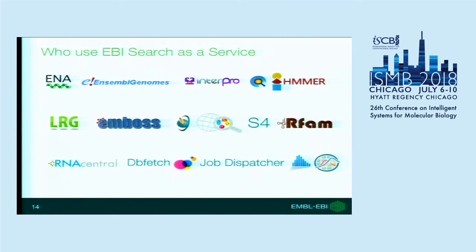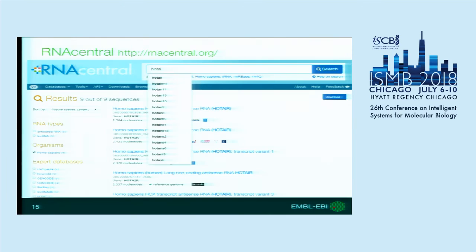And these projects are using the EBI Search as a service capability. I'm going to show some examples here. This is the RNAcentral web interface. RNAcentral provides comprehensive and up-to-date non-coding RNA sequences.